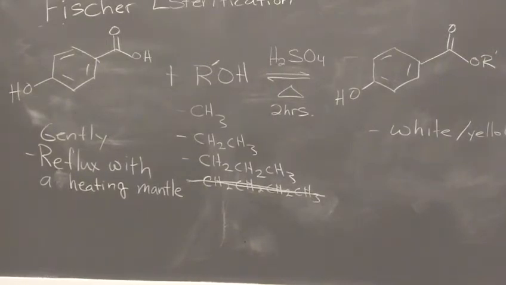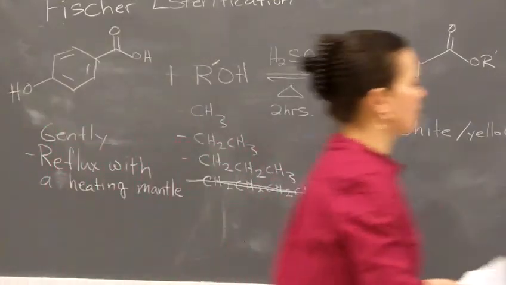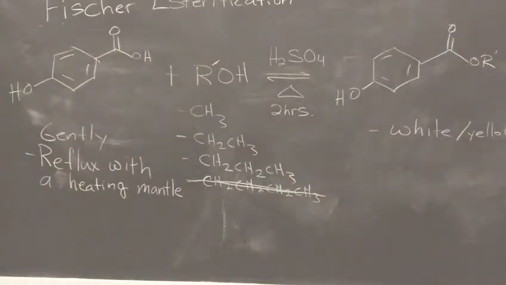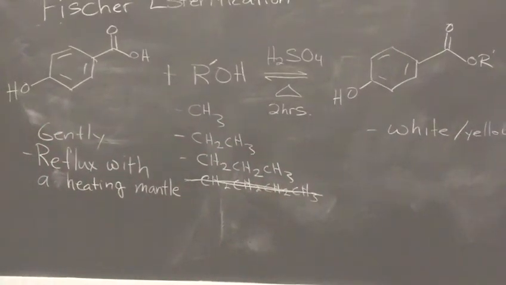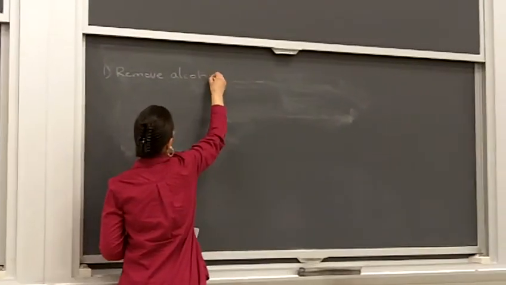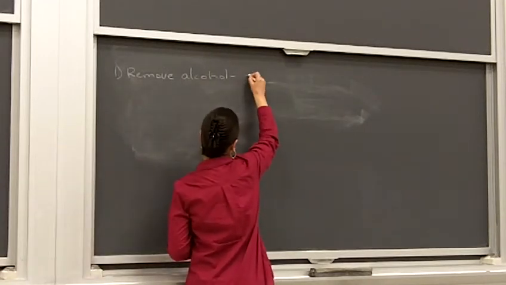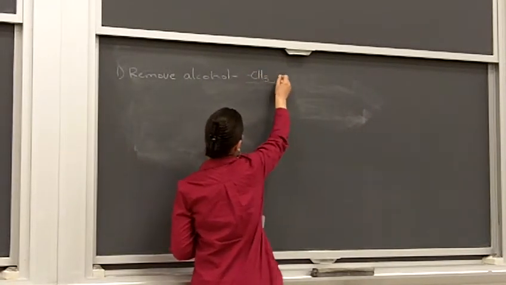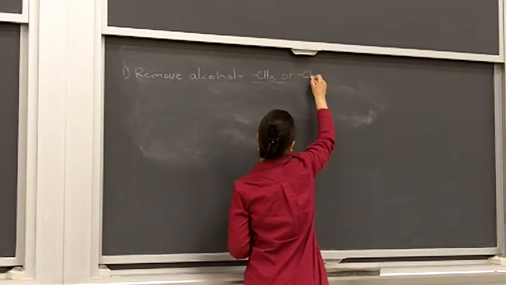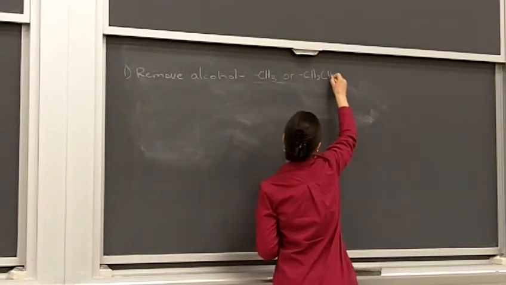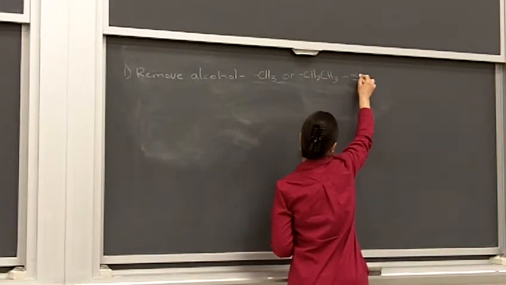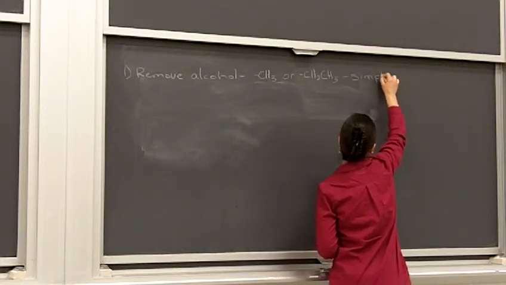Okay, so that's just the reaction itself. Then what we need to do is we're going to remove the alcohol, okay? For people with methanol or ethanol, you're going to use a simple distillation.